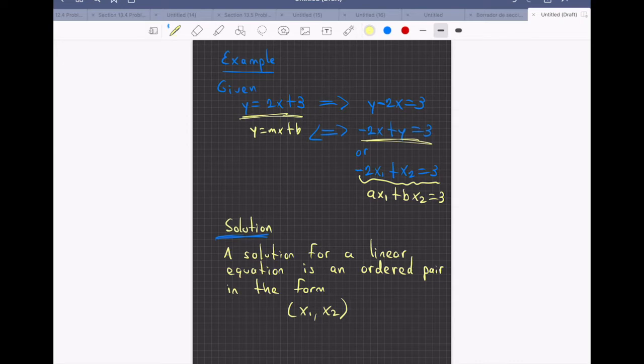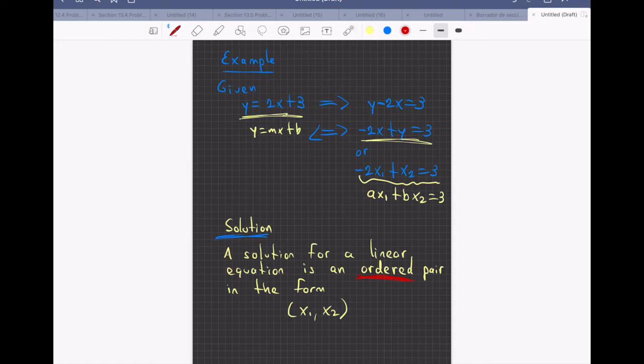If this were x and this y, then the first value corresponds to the x and the second one to the y. So that's why this order is very important.